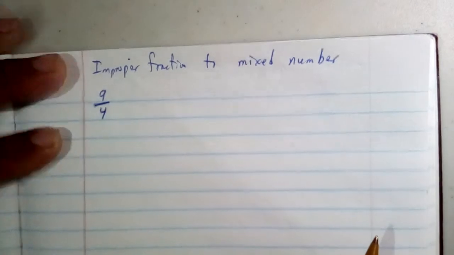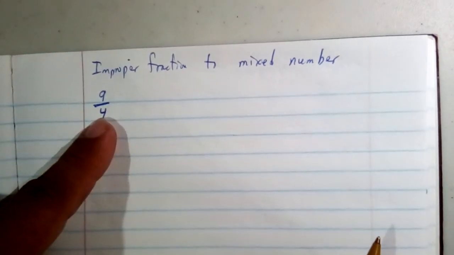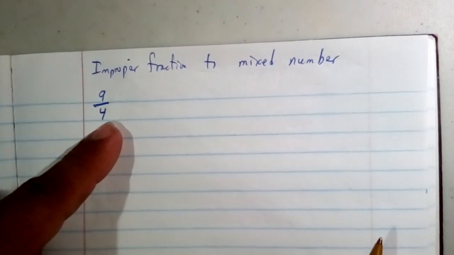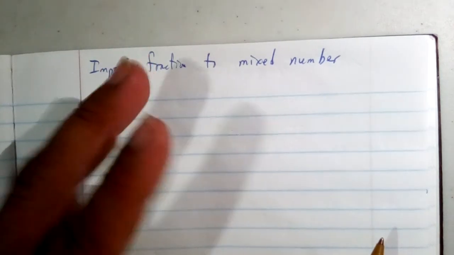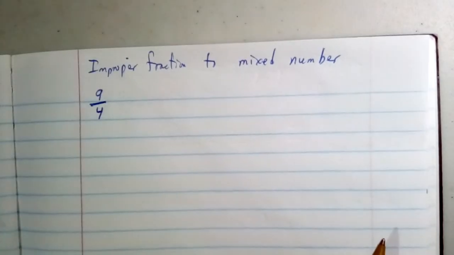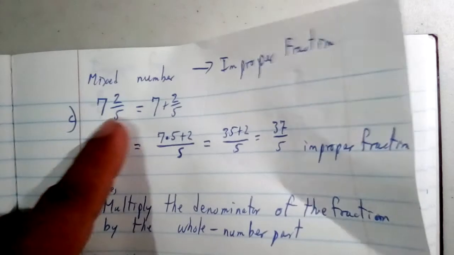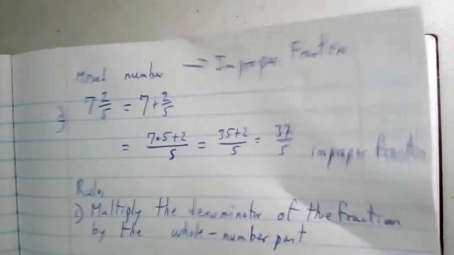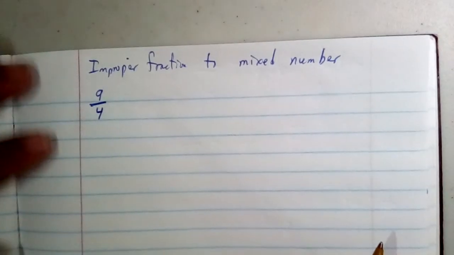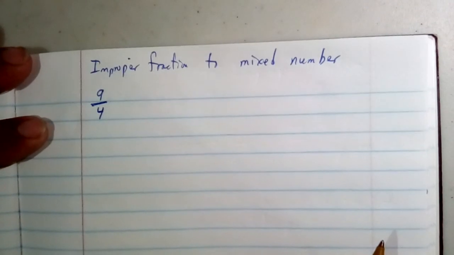To write an improper fraction as a mixed number, we must find two things. You must find the whole number part. Why the whole number part? Because we all know a mixed number has a whole number and a fraction. Okay, and the fractional part of the mixed number. So we're going to do that.